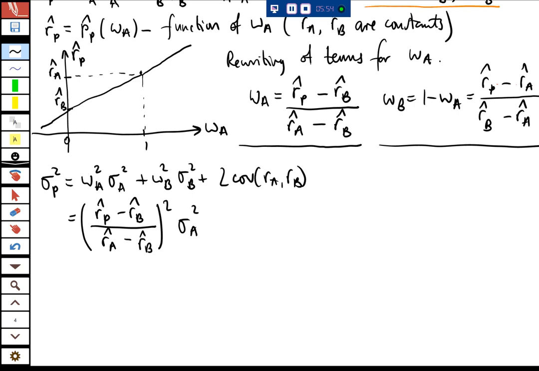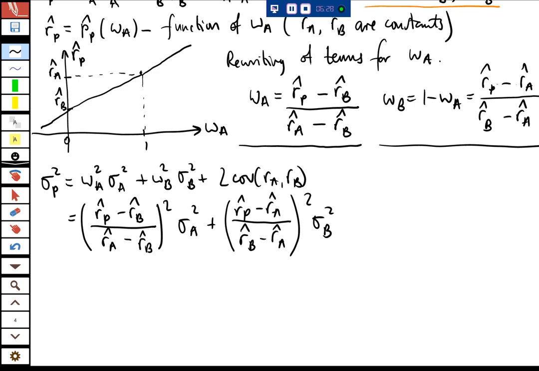Then we have the variance for asset A. Then let's drop in omega B here. This is squared times the variance of B.